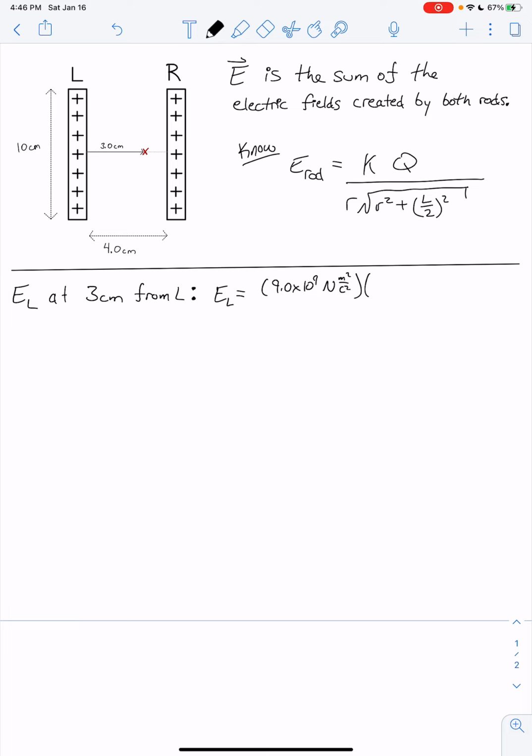I'm going to make a note that Q_L equals Q_R equals Q equals 10 nanocoulombs, to make that clear and keep it handy as a reference. 10 nanocoulombs is 10 times 10 to the negative 9 coulombs.